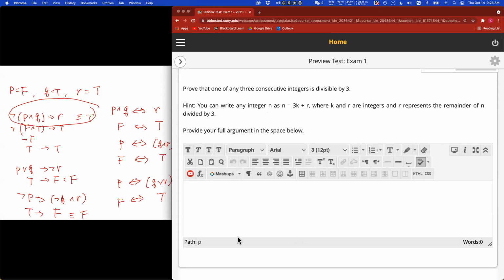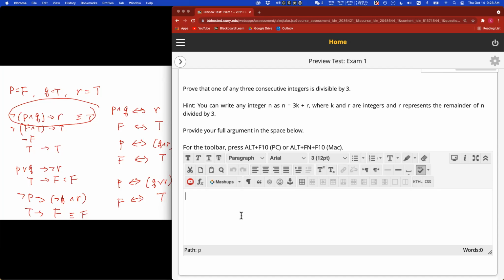Right, so if you look at it, first you want to have three consecutive integers.